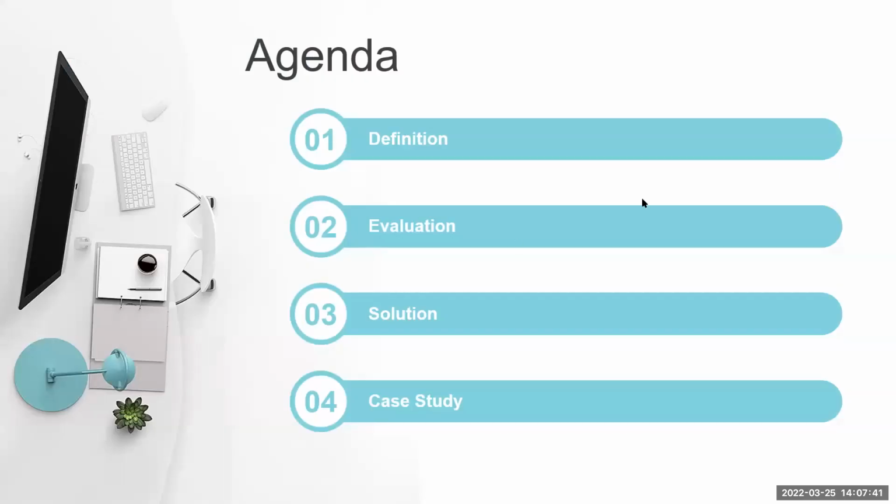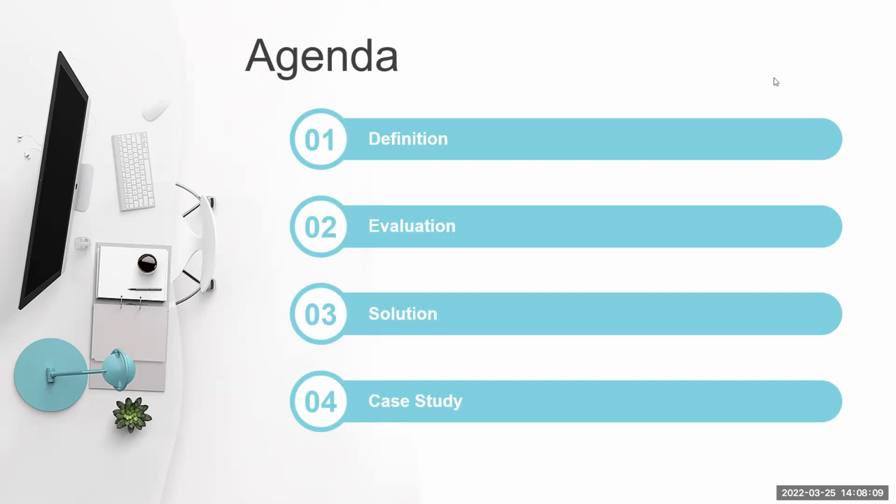Okay, this is our agenda. We have 4 agenda items. The first is the definition of what is imbalance class, and then how to evaluate imbalance cases, and what is the solution to tackle the imbalance problem.